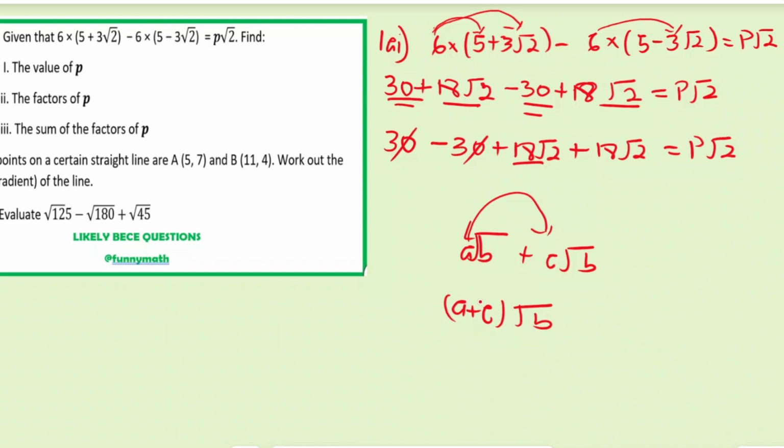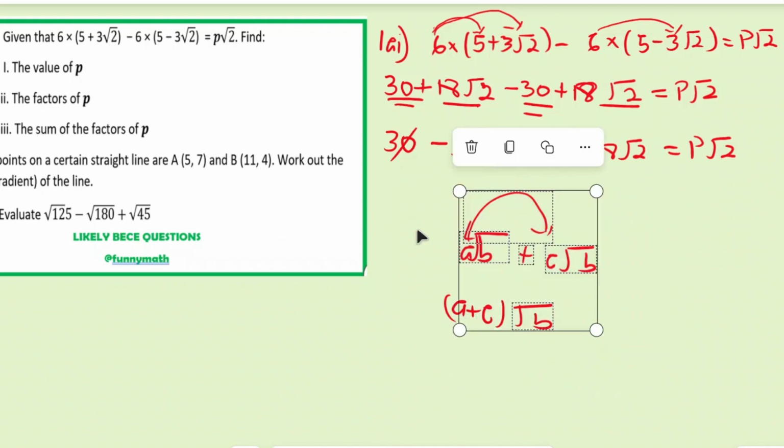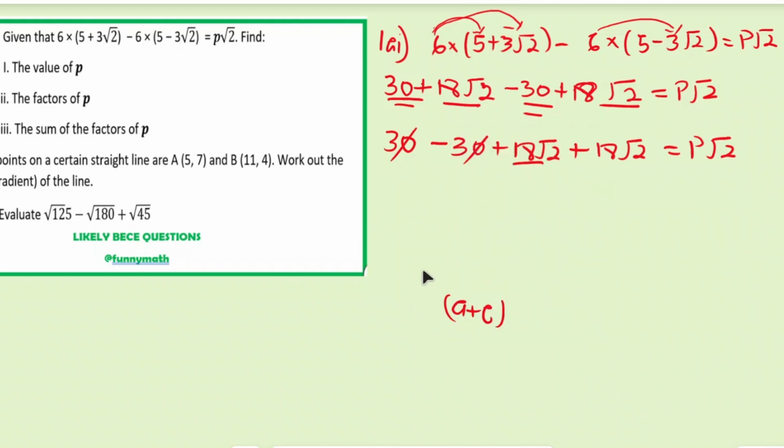That's what you're supposed to know. So in this case, I'm going to add 18 to that of 18, and I'll take one of the radical signs with the radicand. So that's going to be 18 plus 18, now root 2. So 18 plus 18 is going to be 36.